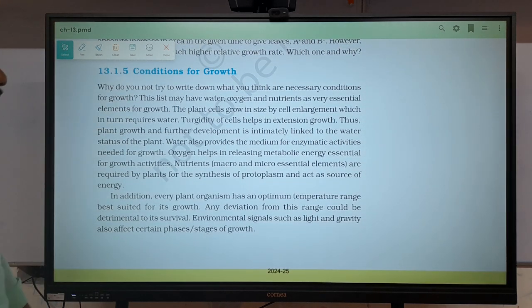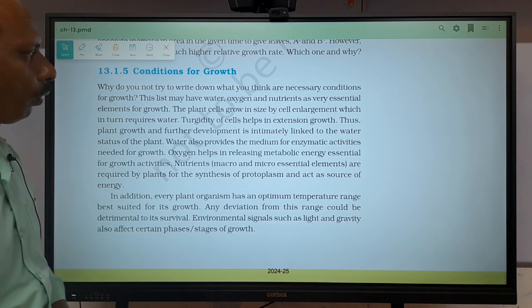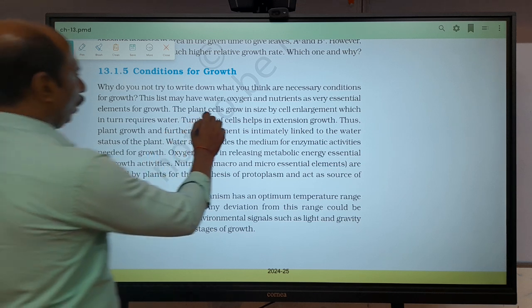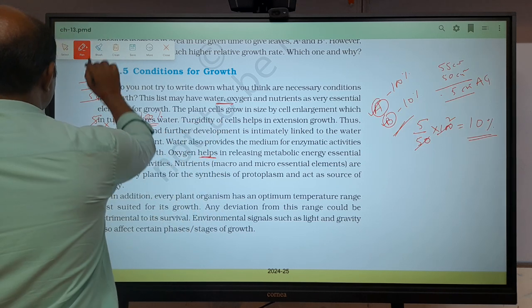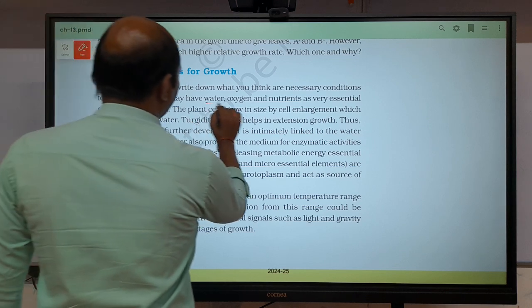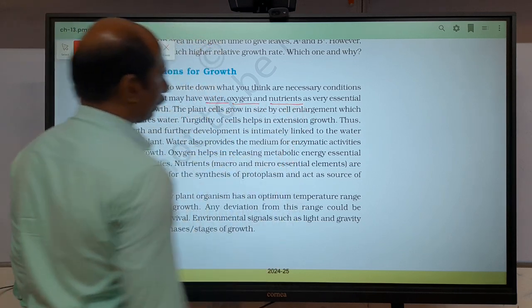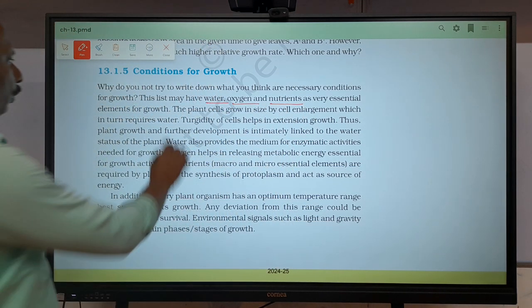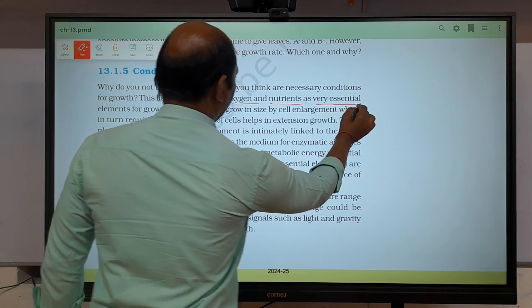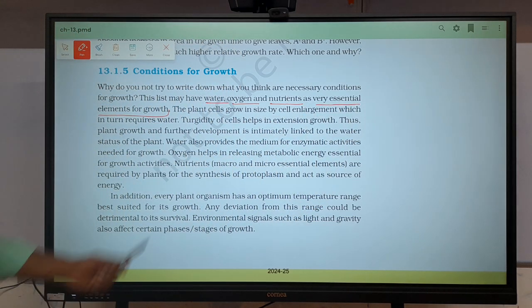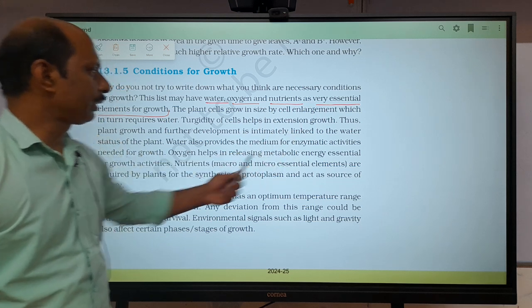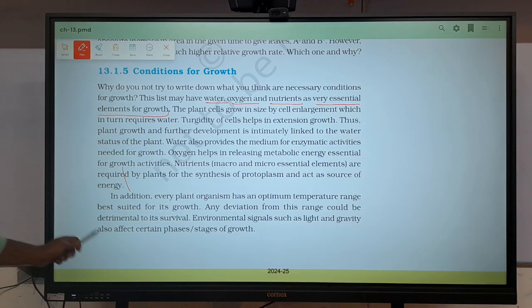Now conditions for growth. What are the essential conditions for growth? Mainly three conditions: water, oxygen and nutrients. These are very essential elements for growth, right? Plant cells grow in size by cell enlargement, which requires water.